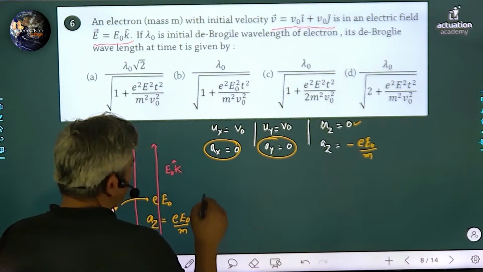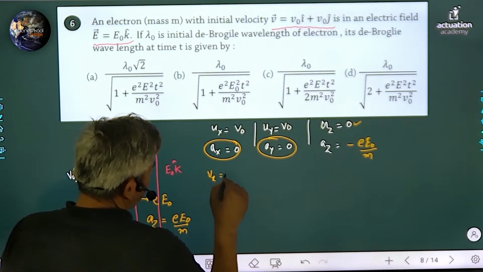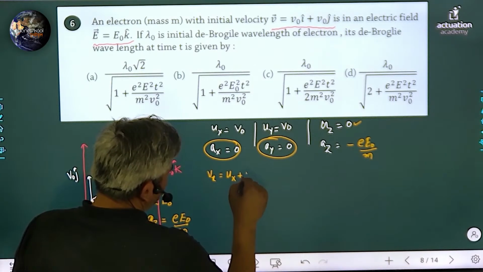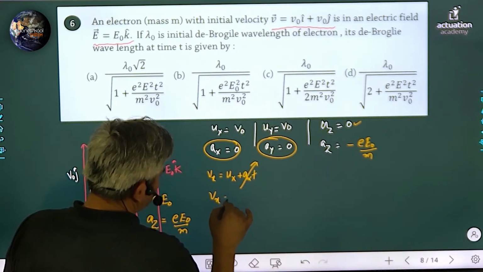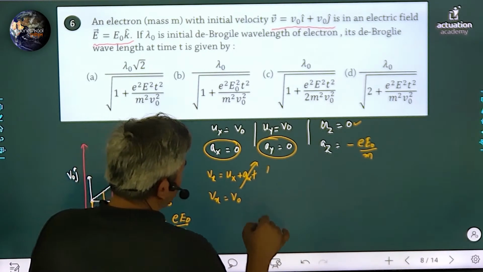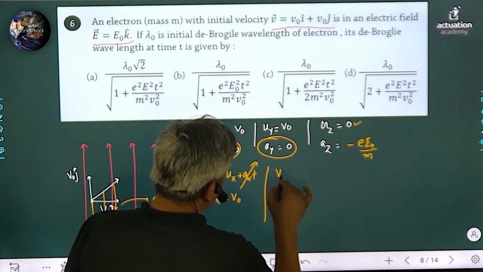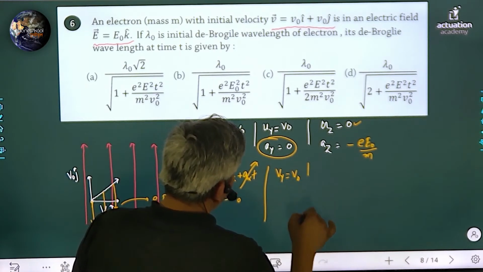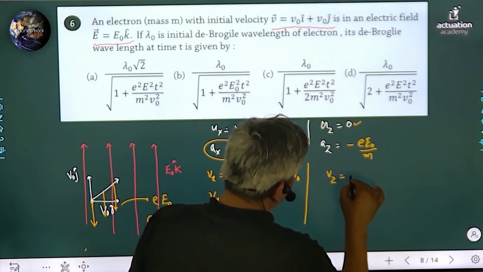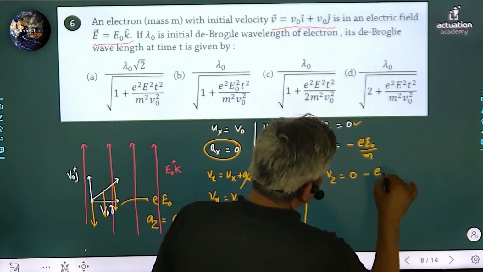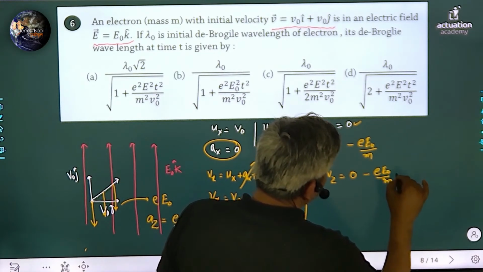So now Vx is ux plus ax into t. This will become 0, so Vx is still V naught. Similarly, Vy is still V naught. But in this direction, Vz is equal to uz minus E naught by m into t.